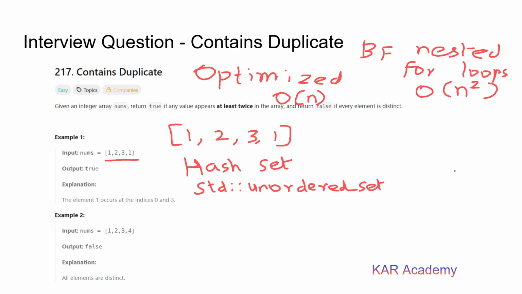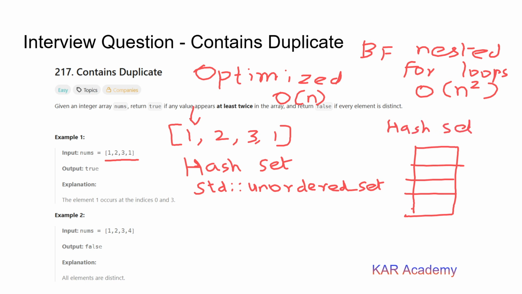So what this means is you have something like a hash set here, and initially it contains empty. When we take this array, when we take the first element 1, we check if this element is present in the hash set. This is the hash set.